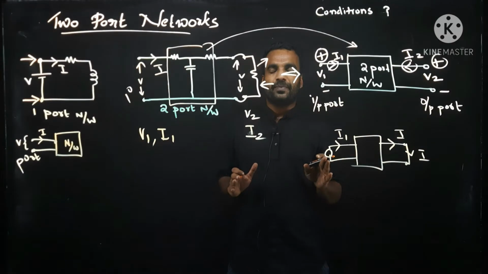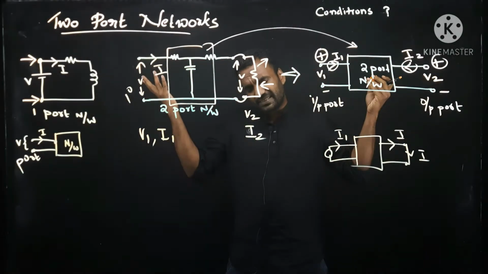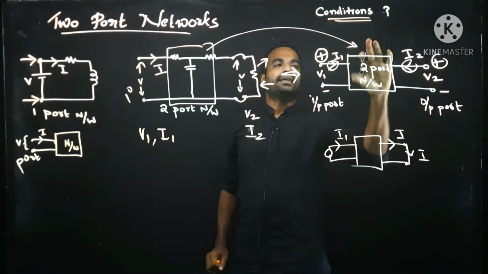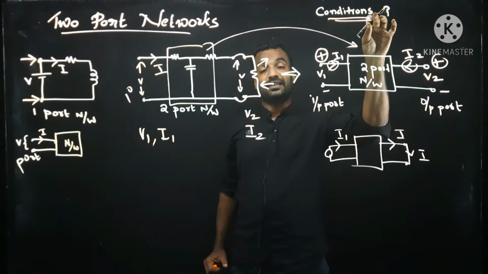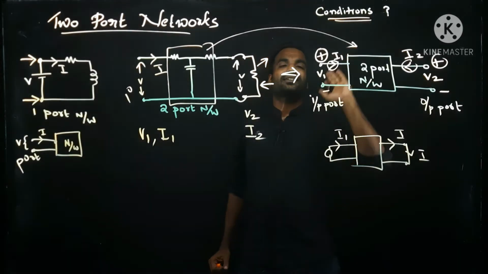That is the concept. If I am telling something as a black box, it may consist of anything, but I have some conditions. Inside this black box, I have some conditions. With those conditions, I can permit anything. But what are the conditions?